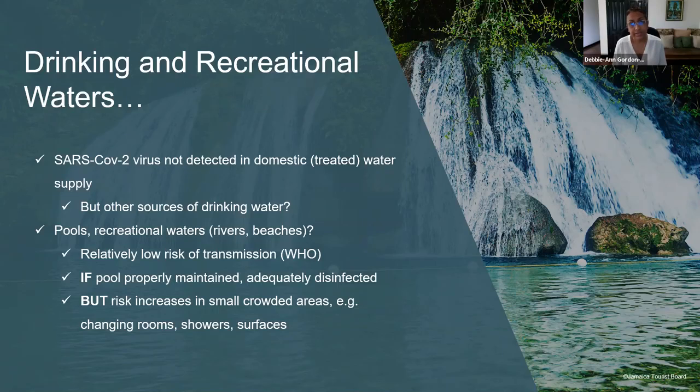But properly disinfected means a minimum free chlorine level of 1 milligram per liter. However, even though natural water bodies may not pose a very significant risk for transmission, small crowded areas, such as changing rooms and showers, and of course, surfaces that may be touched, can still transmit the virus.